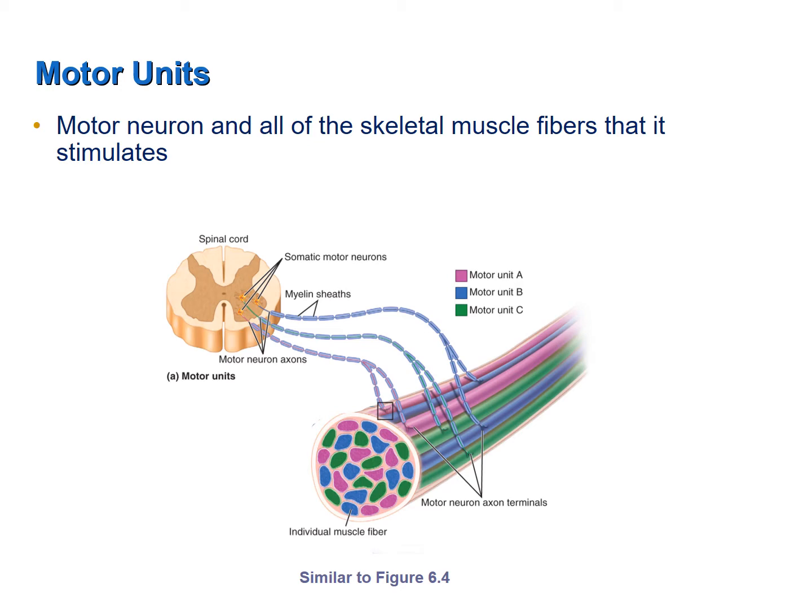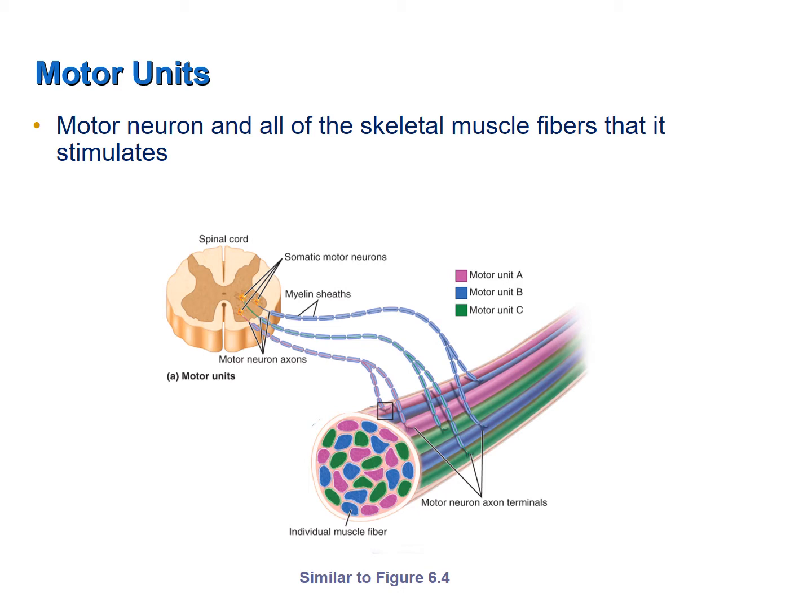The motor neuron of motor unit A forms junctions with the skeletal muscle fibers color-coded purple. The motor neuron of motor unit B forms junctions with the skeletal muscle fibers color-coded in blue. And the motor neuron of motor unit C forms junctions with the skeletal muscle fibers color-coded in green.